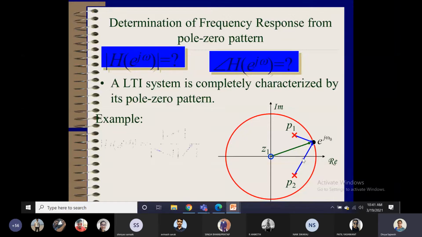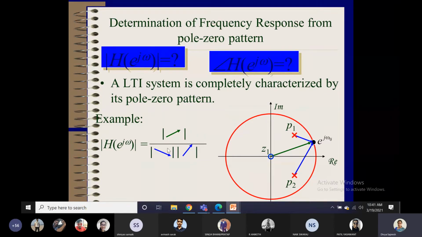So the magnitude response now will be equal to the magnitude of the distance of the zeros to the unit circle, divided by... there was only 1 zero. If there were 2 zeros, then again the second zero's distance also will be taken into consideration.